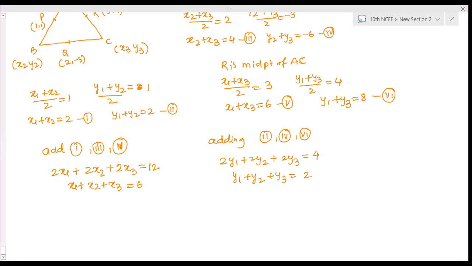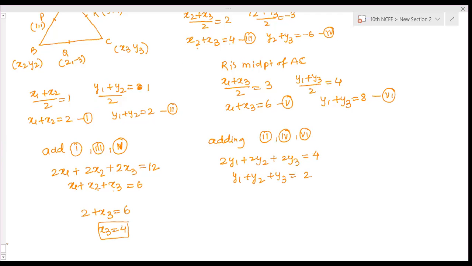Now we have the x1 plus x2 value. Can we calculate x3? 2 plus x3 is equal to 6. So x3 is equal to 4. Now we have x2 plus x3 also. x2 plus x3 is 4.